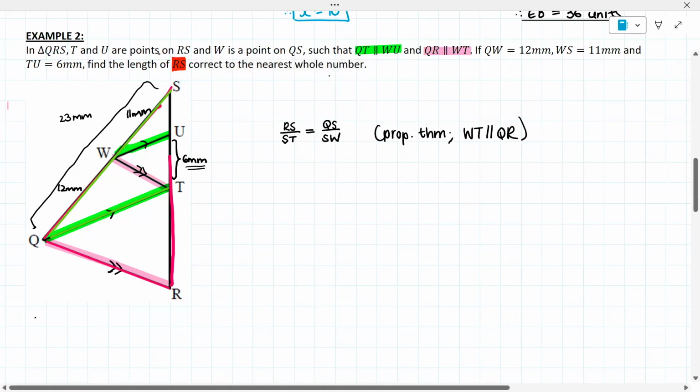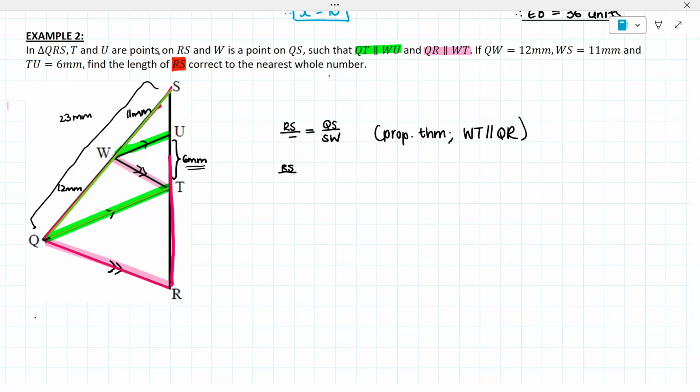Let's substitute the values that we know. I don't know ST. Obviously, RS is what I'm looking for, so I obviously don't know that.